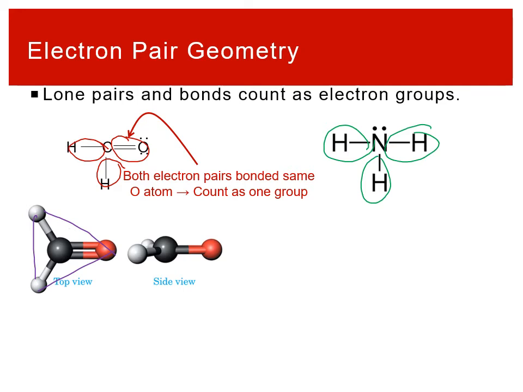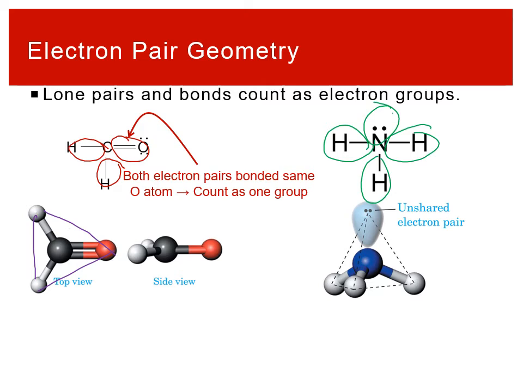If we now move to talk about the NH3, we can count 1, 2, 3 bonds. So those are the 3 atoms that the nitrogen is bonded to, and then there's also the lone pair. Those lone pairs of electrons still take up space, and they fill part of the shape or the arrangement of the electron groups. And so we can see that for this ammonia molecule, the nitrogen ends up taking a tetrahedral electron pair geometry.